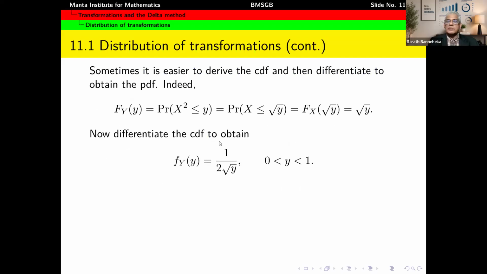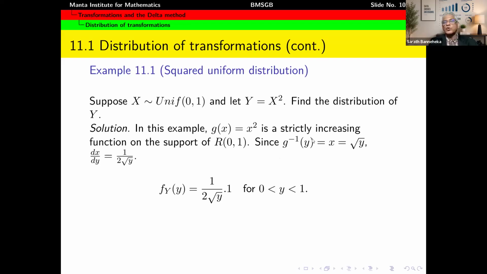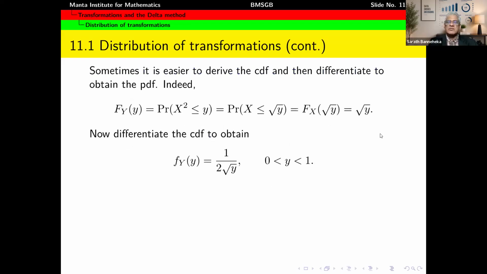So this is directly applying the formula. But sometimes it's easy to get the cumulative distribution function first and then get the density function if necessary by differentiating the cumulative distribution function. So here I'm showing that method also, that path. Sometimes it is easy to derive the CDF and then to differentiate to obtain the PDF.